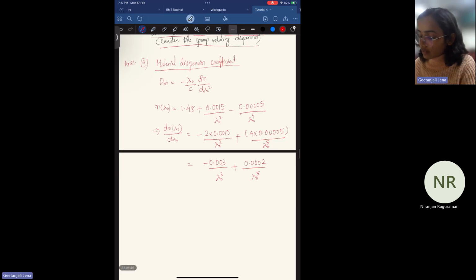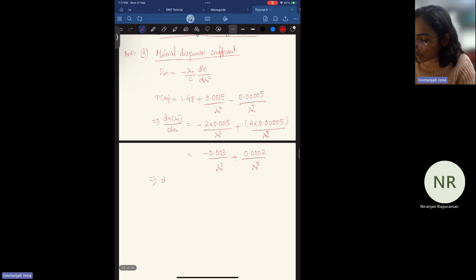We need to take another derivative, which is d square n over d lambda 0 square. This will give minus, so minus minus will be plus.